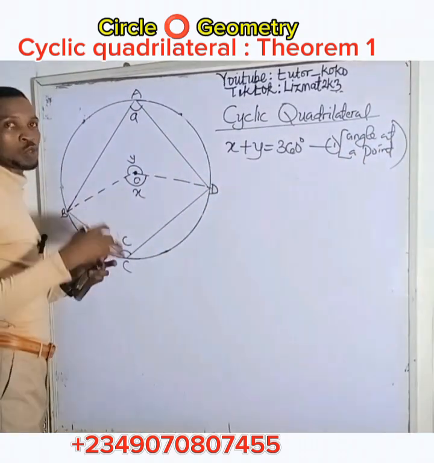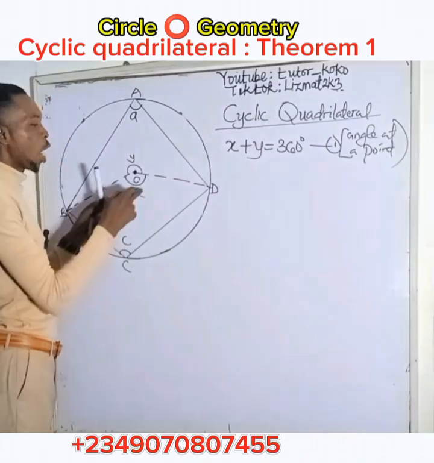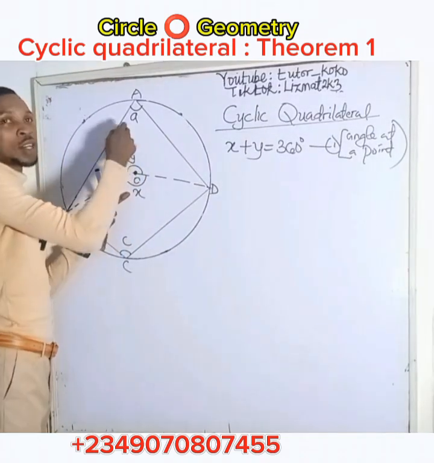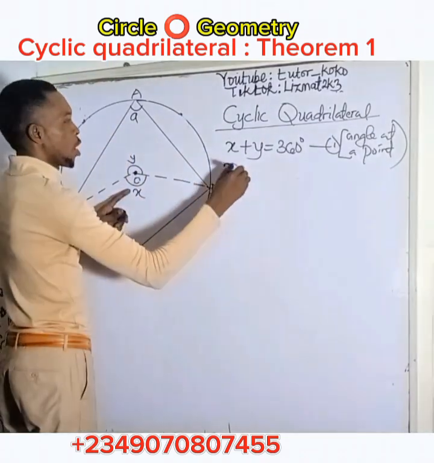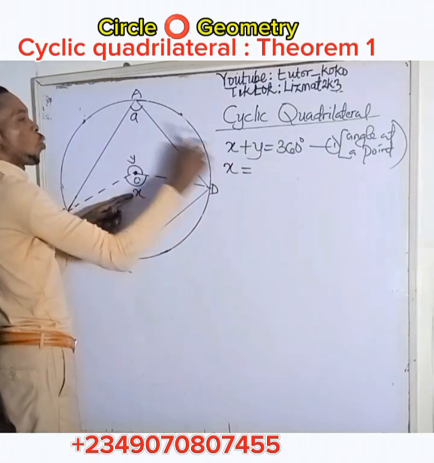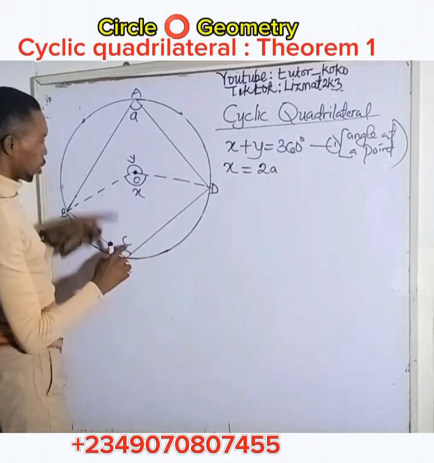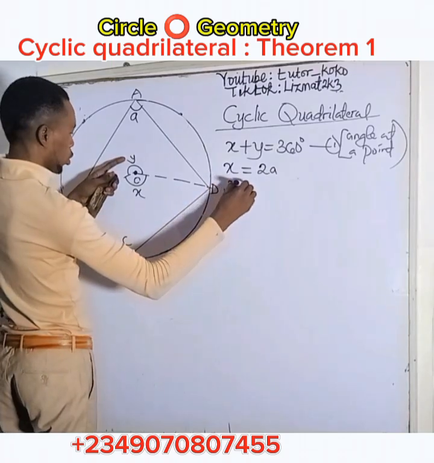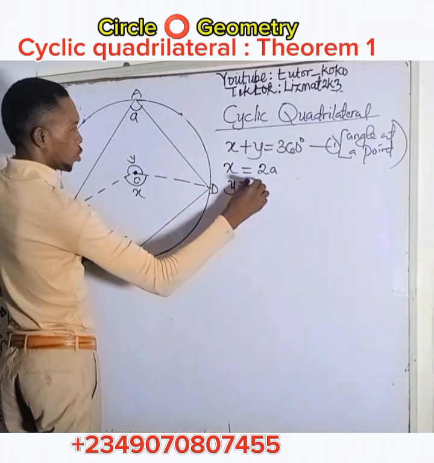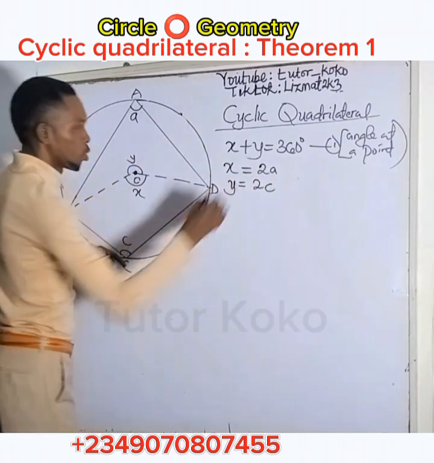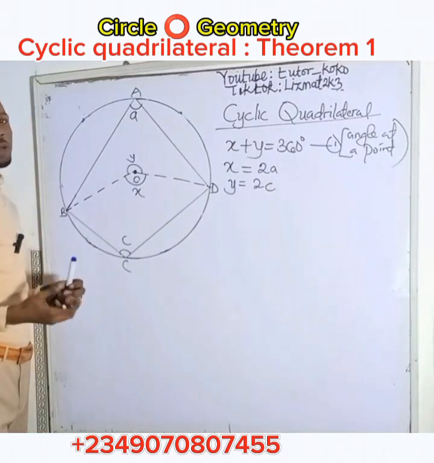Of course, let's go back to our first theorem, that angle at the center is twice angle at the circumference. So you can say the one at the center here is twice this angle here. Alright? Then we can also say Y is what? Twice what? Twice C. Alright. Can you see what I'm saying?